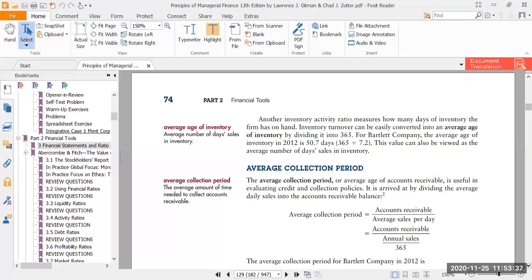It means that industry to industry, the average inventory turnover is different. For the aircraft industry, your inventory is large and you are not going to sell this inventory quite often. That's why your inventory turnover may be on the lower side, like 4 times a year.